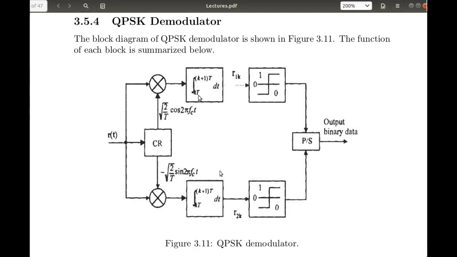Now keep in mind, we will see our simulation model for one time interval, so from 0 to T. So let me recall our QPSK modulator, because we need the signal which we generated in the last video.